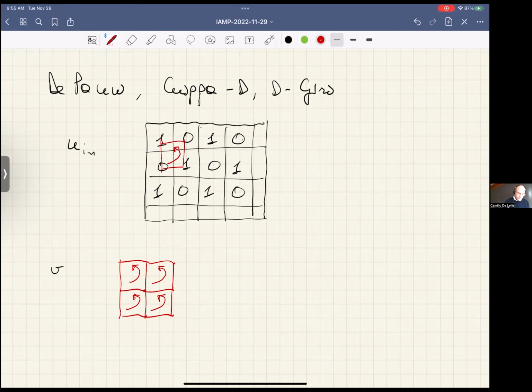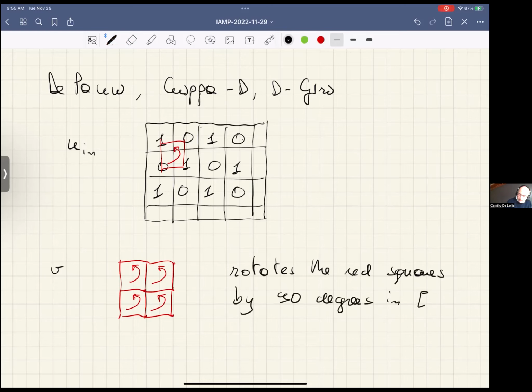Okay, what happens when you apply this one? Say V rotates the red squares by 90 degrees in a time interval which is like (0, 1/2).